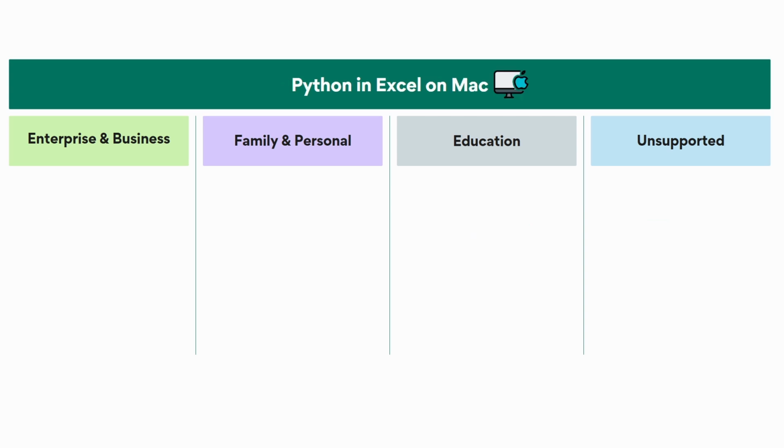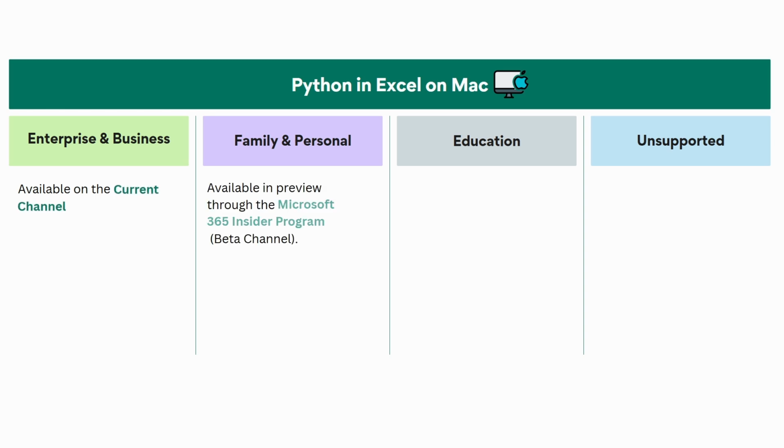Now, in the case of Mac, in enterprise and business versions, it is available through the current channel. And in family and personal, it is available through the Microsoft 365 Insider program. So if you want to use Python in Excel on a Mac, you have to join Microsoft Insider, in the family and personal case, if you are not using enterprise or business.